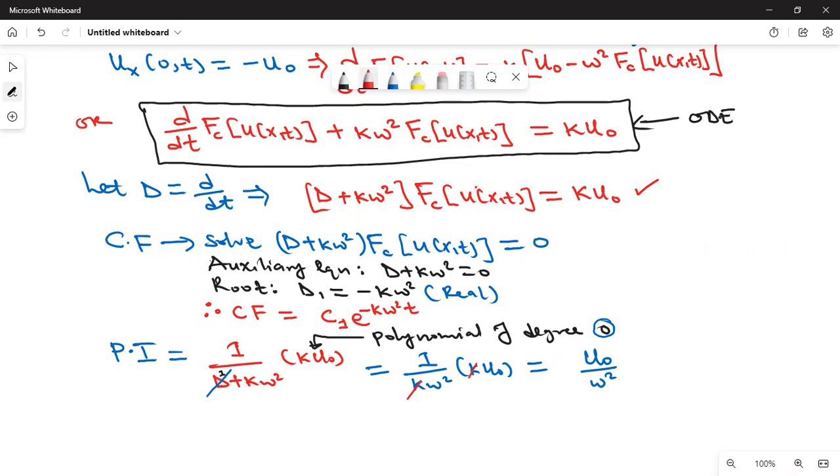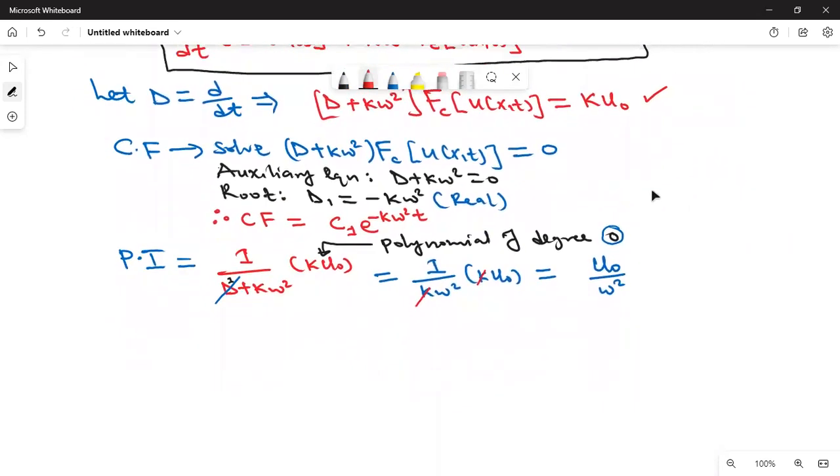So we'll say that therefore the general solution is simply equal to the sum of the complementary function and the particular integral.